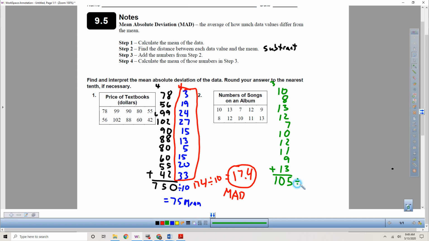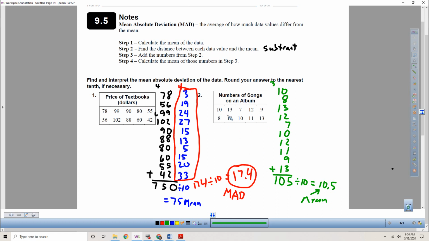And I have to divide this by 10 because there's 10 numbers in the set. And I get 10.5. Oh boy, this is going to be really fun. Now we have a decimal to deal with. So, the mean is 10.5.